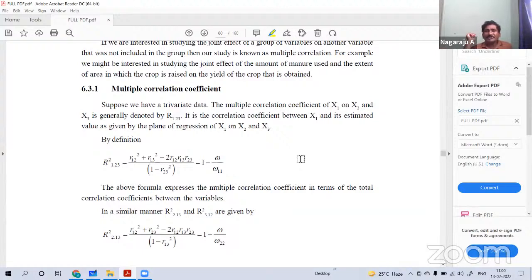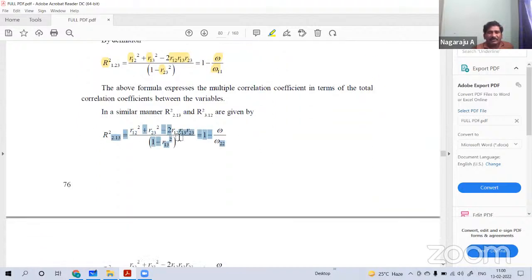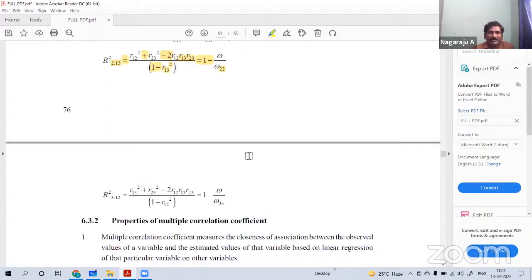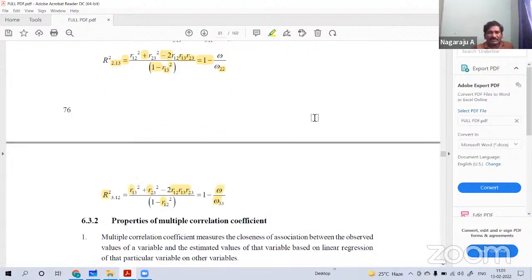The multiple correlation coefficient formula, R1.23, can be used directly here. Similarly, with one variable on the other, we can take this one and this one, so we get three formulas. That is called the multiple correlation coefficient.